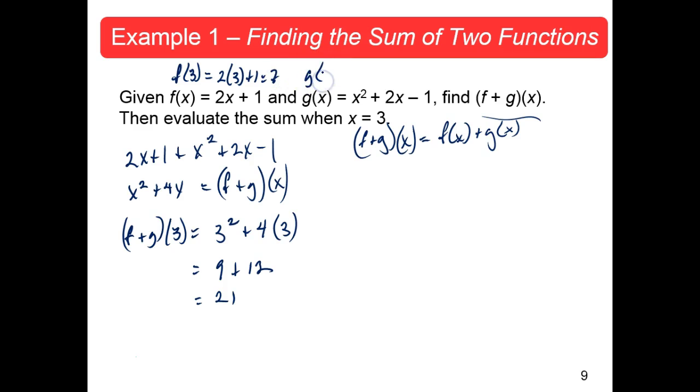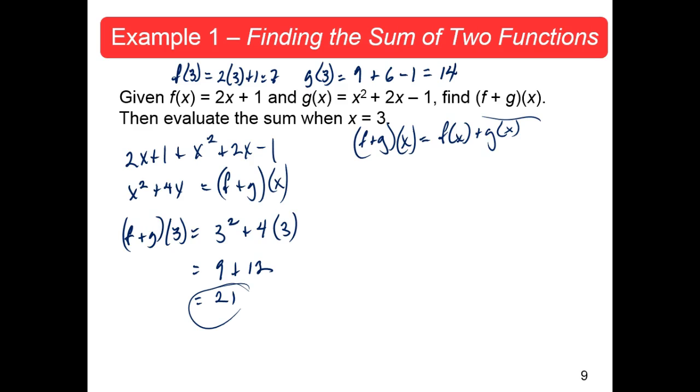What happens if we plug in g of 3? 9 plus 5, cleverly disguised. And what is it? 14. All right. And what is 7 plus 14? 21. Sure enough. f plus g of 3 is the same as f of 3 plus g of 3.